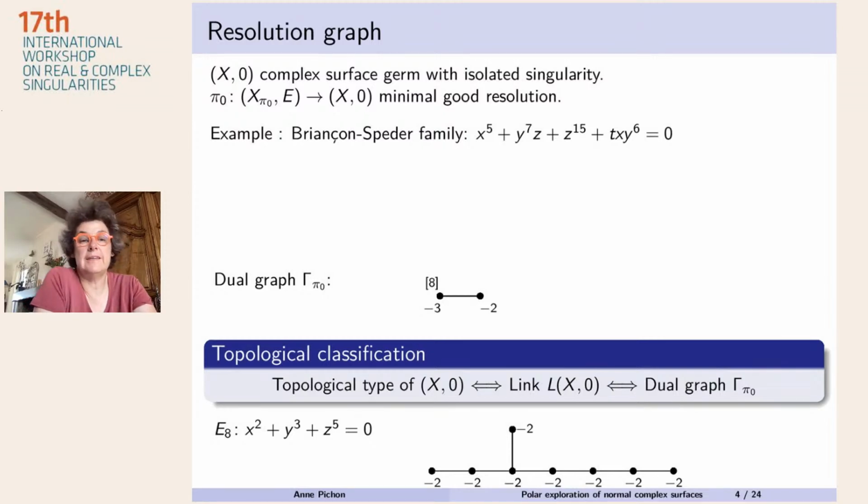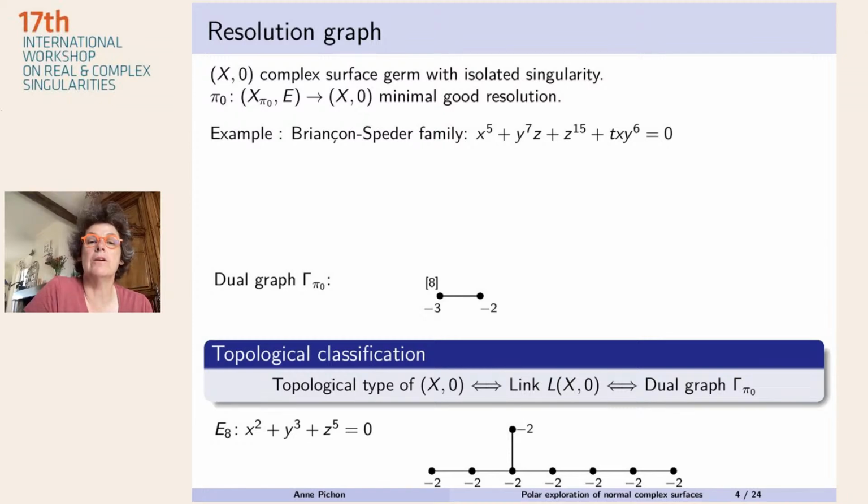So again, you take a complex surface germ with an isolated singularity and consider π0, the minimal good resolution of X. By good, I mean that the exceptional divisor E, defined as the fiber over the origin, is a simple normal crossing divisor.